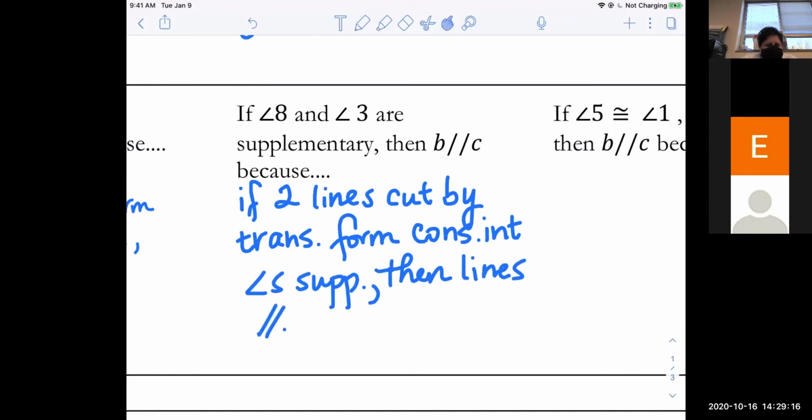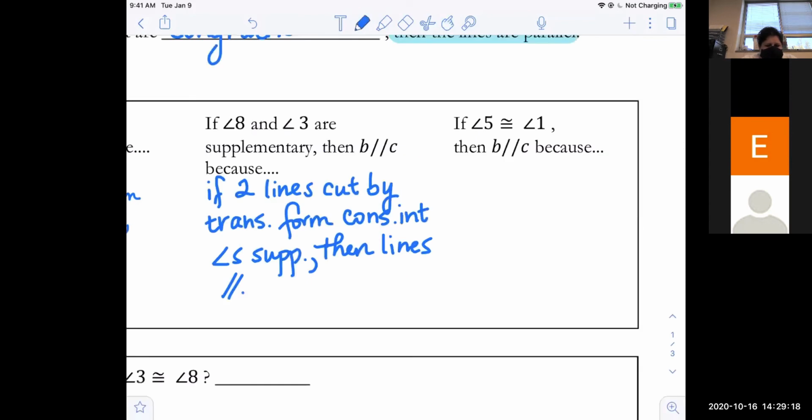If you prefer to say they form supplementary consecutive interior angles, that's fine. The English sounds a little better probably.